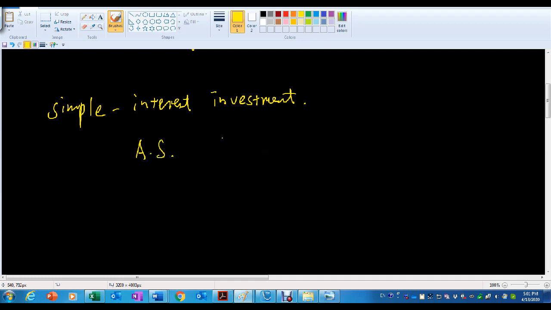So we say that the amount at the end of nth year will equal the initial principal plus n times the simple interest. If you still remember, the simple interest would be just P times r%, the interest rate.